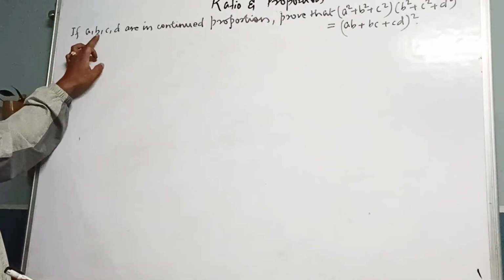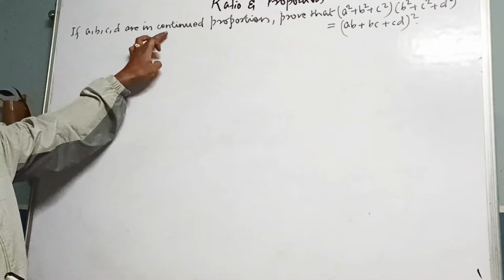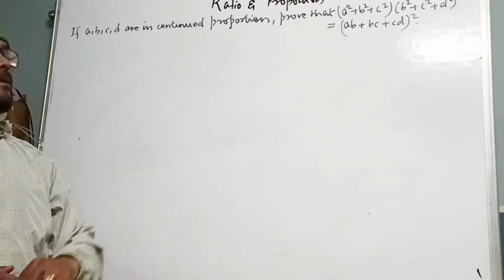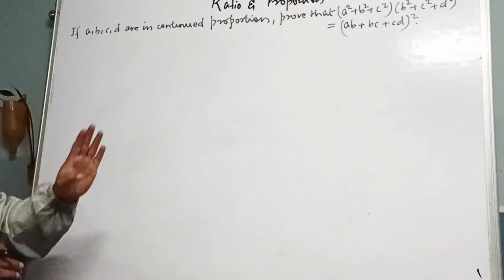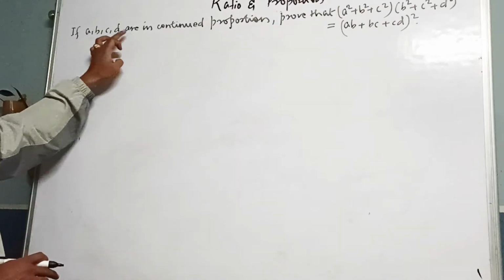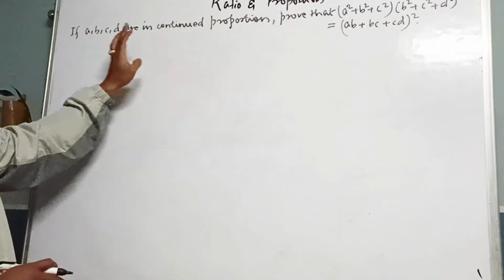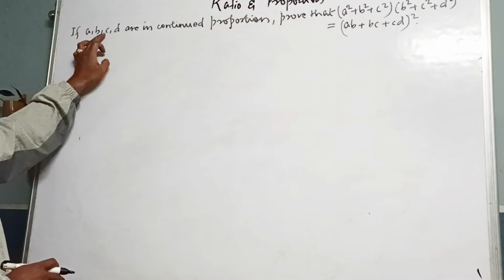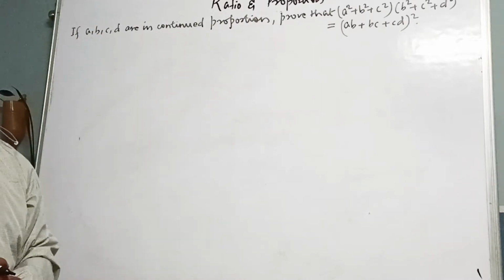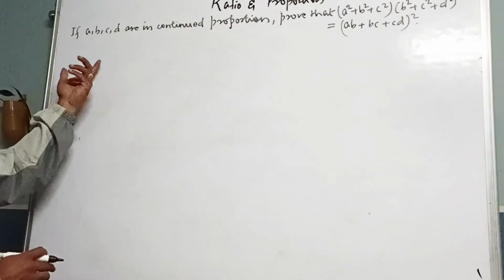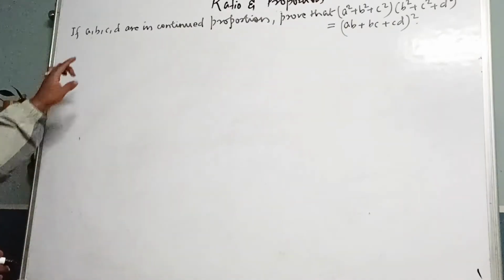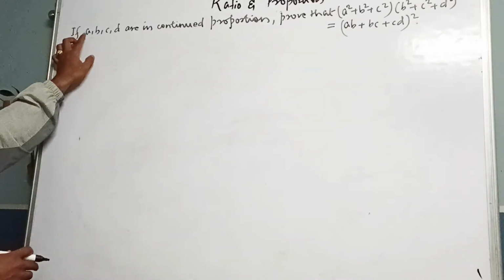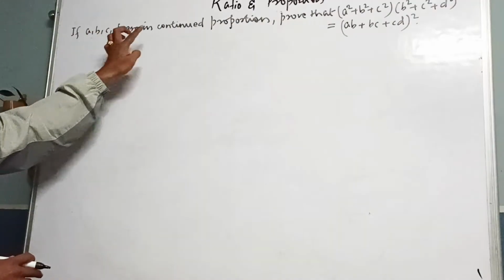A, B, C and D are in continuous proportion. Sometimes the question may give up to A, B, C are in continuous proportion, or it may be given as A, B, C, D, E are in continuous proportion. So the question may vary. But in this question, it is given here A, B, C, D are in continuous proportion.